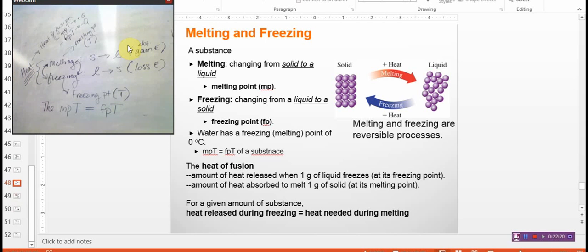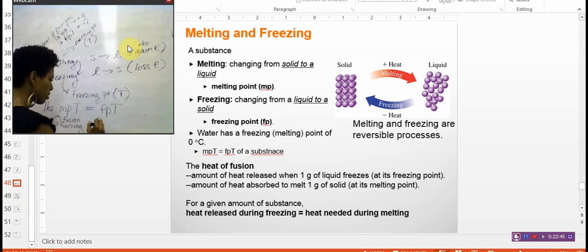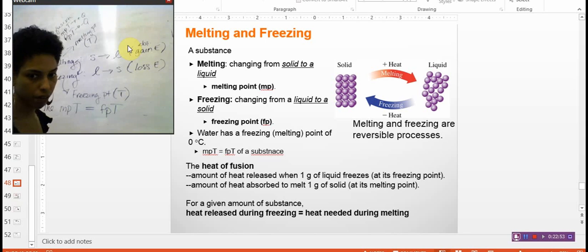So for any given substance, the heat that is lost in freezing is going to equal the heat that is gained in melting. So the heat of fusion of freezing is equal and opposite, I'll say. So the amount lost is going to be the amount gained in opposite reactions.